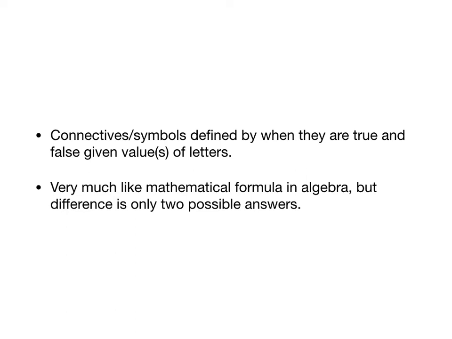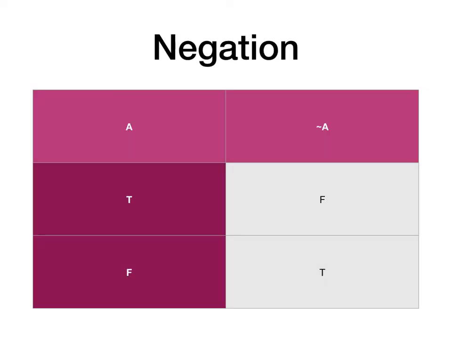So let's start with negation. And ask yourself, if you're negating a letter, if you're saying not A, when would that be true? When would it be false? Look, not a trick question. Not A is true when A is false, right? Look at our bottom line here.